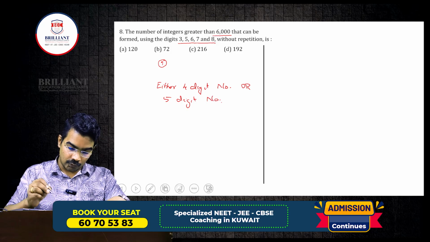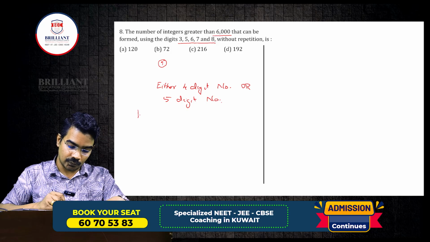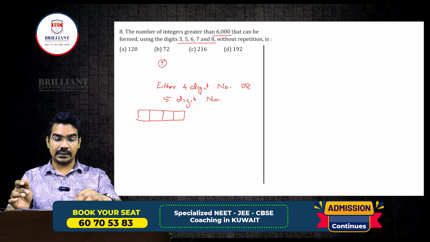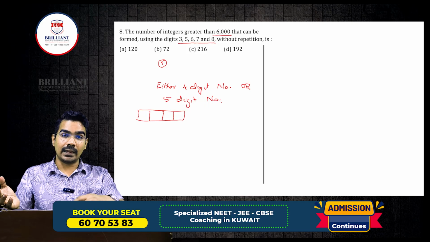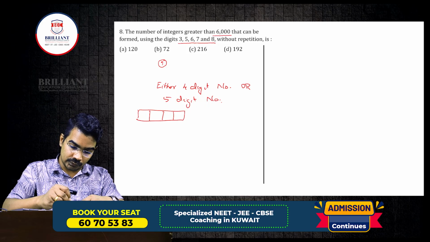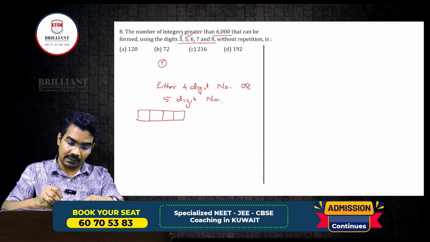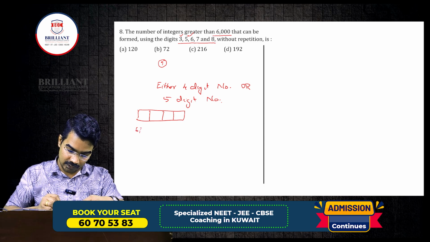For the 4-digit number you have 4 slots, right? It is said that it should be greater than 6000. So we cannot use 3 or 5. You can only use 6, 7 or 8 in the thousands position. So the options are only 3.